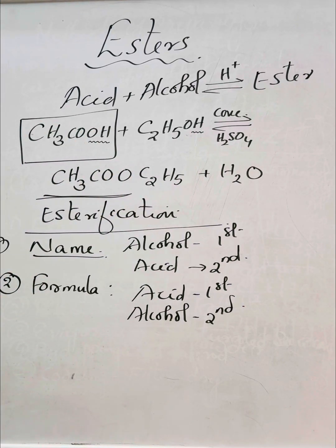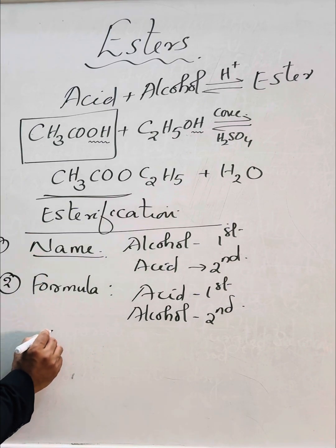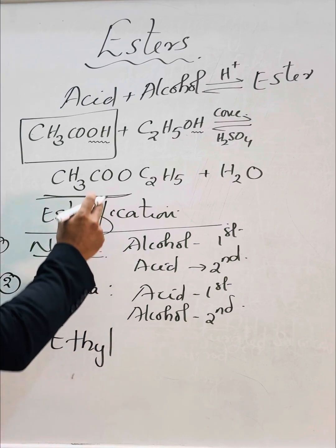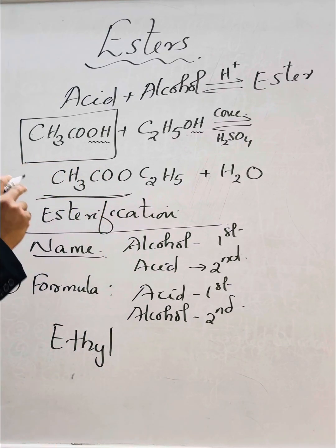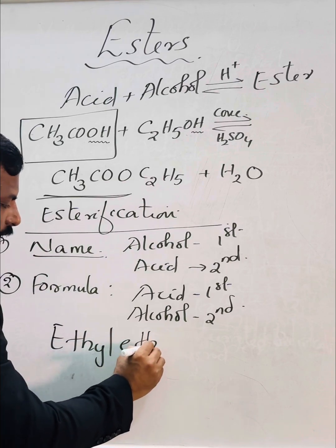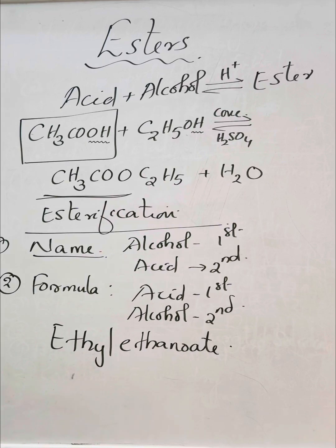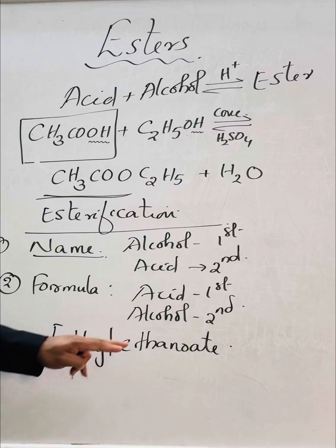So the ester formed is ethyl, and the second part is from the acid: ethyl ethanoate. The ester we obtained is ethyl ethanoate.